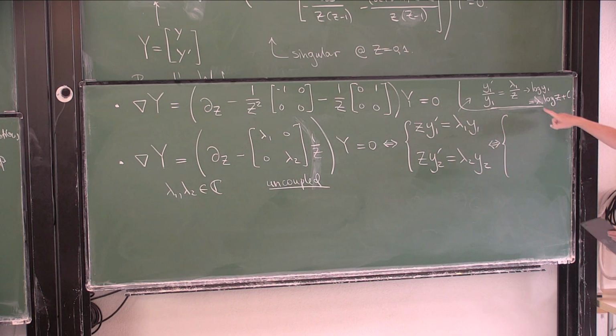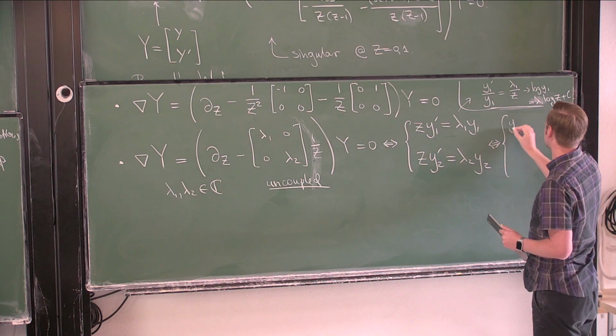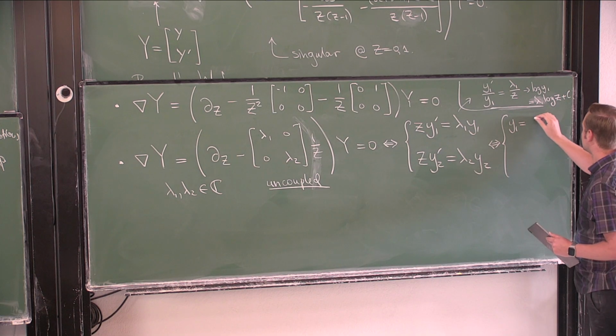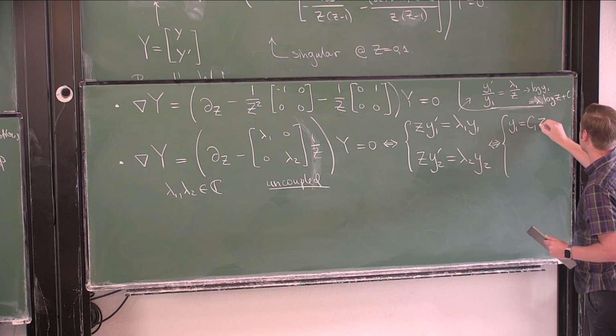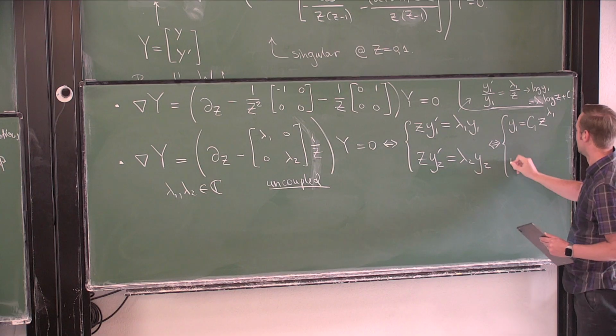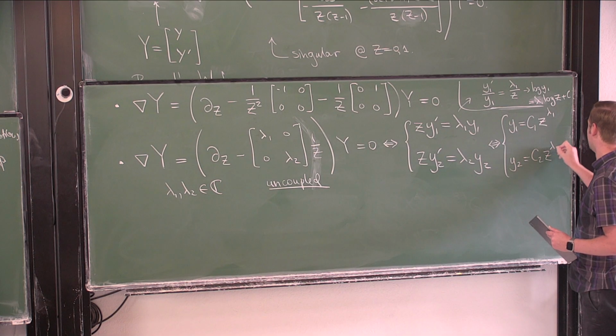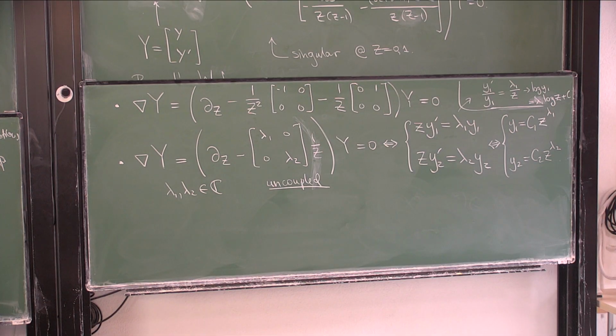And now if I exponentiate both sides, I get my solution, which I can write as some constant times z to the lambda 1, like this. Does that make sense?